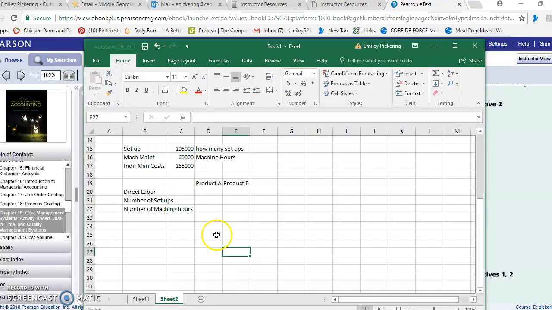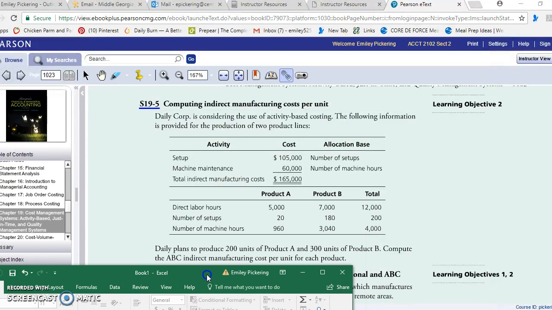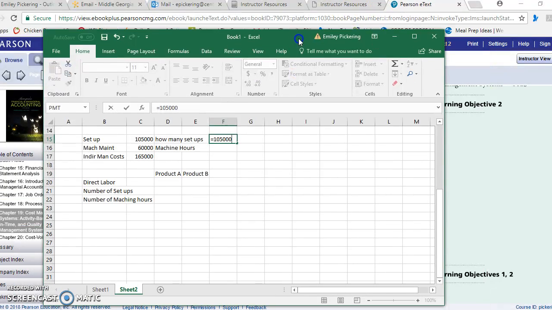For the setups, let's just figure it out up here. We have a total of 105,000. And between A and B, it looks like we have a total of 200 setups.